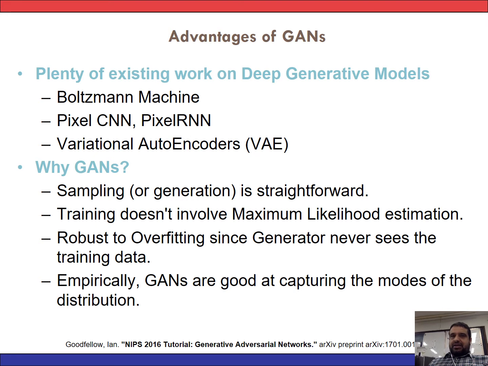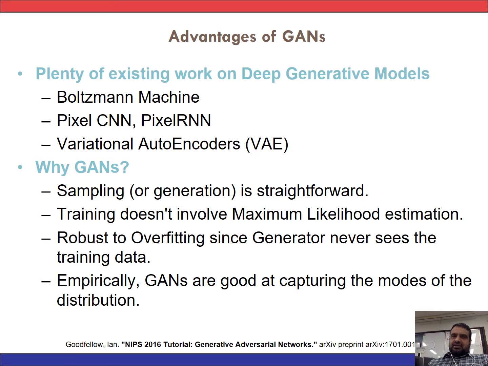Secondly, in the variational autoencoder, we were using maximum likelihood estimation, and sometimes it is not tractable. In the generative adversarial network, the training is very easy because it is direct training. It does not involve maximum likelihood estimation.